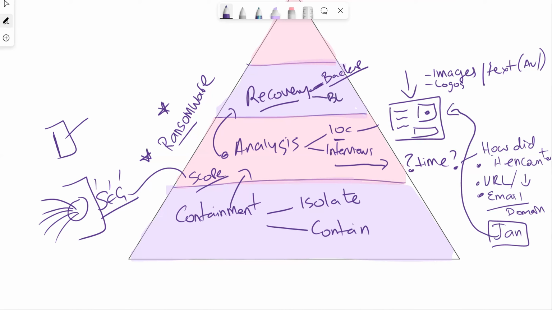So again, we could go into the blocking state. So maybe we've got some blocking on our SEG, or we're doing some sort of email rule filtering. Maybe the email addresses are associated, the domains, maybe if it's a private domain or if it's a Gmail or another sort of publicly used domain, we know what they are. So we can go away and perform those actions based on what we're seeing. So during analysis of our IOCs, we would be able to look for those file types as well. So typically with these ransomware, there are file types that are associated, right?